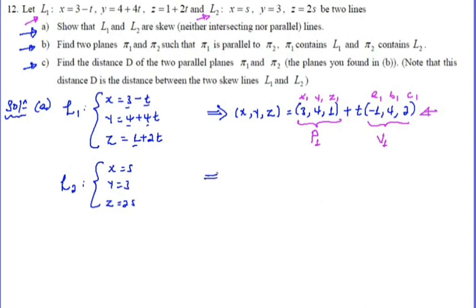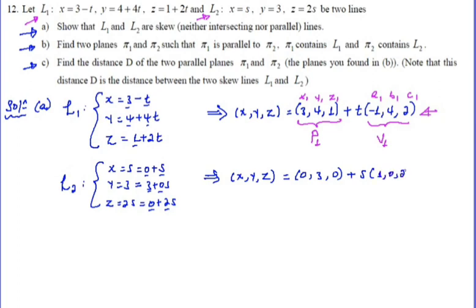So we can change this into its equivalent form x y z. የዚህ equivalent form ምንድነው የሚሆነው x ማለት s ነው ማለት 0 3 0 ይሆናል፣ ለምን s ማለት 0 plus s ስለሆነ. ኦኬ ይሄ ምንድነው 3 ማለት 3 plus 0s ነው. ኦኬ then z ማለት 0 plus 2s ነው. 0 3 0 ብዬ ጻፍኩት እዚህ ጋር፣ ለዛ ነው plus s into እዚህ ጋር የs coefficient 1 ነው፣ እዚህ ጋር 0 ነው፣ እዚህ ጋር 2 ነው፣ so 1 0 2 ይሆናል ማለት ነው. 1 0 2 ምን አደረግን, the equation of the second line in the Cartesian form ጻፍን.